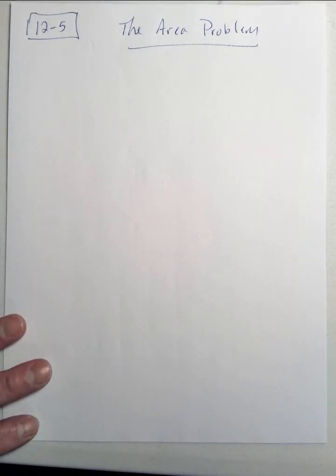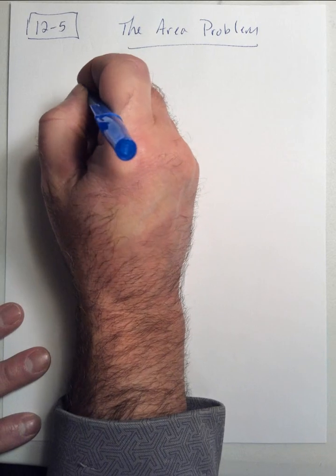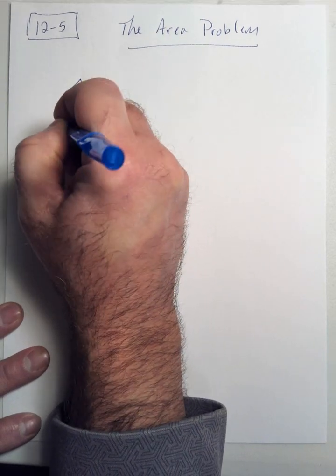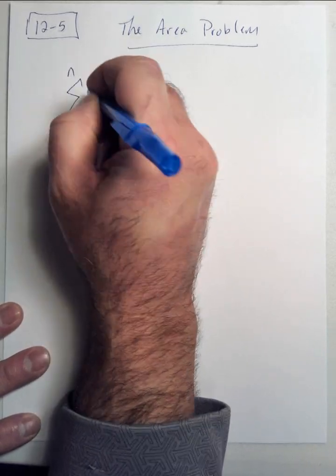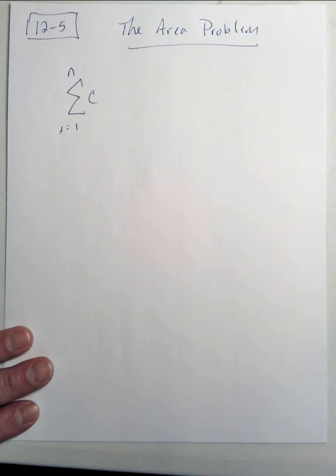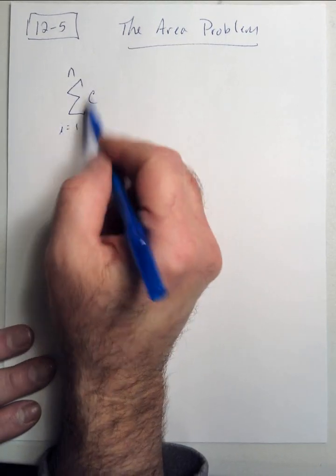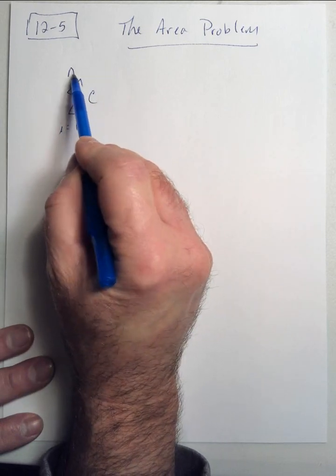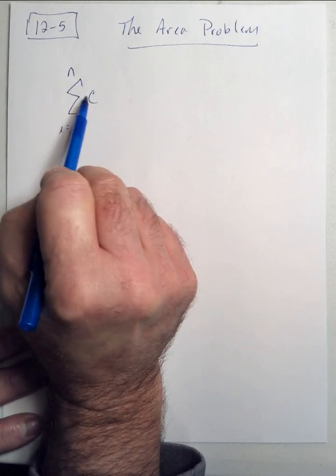So the first summation property involves this, where C is a constant, like a number. If we think about what the summation process means, that's my starting point, that's my ending point, and that's what I'm adding.